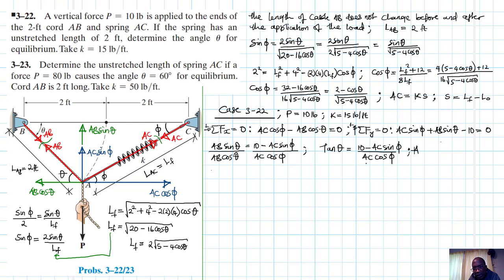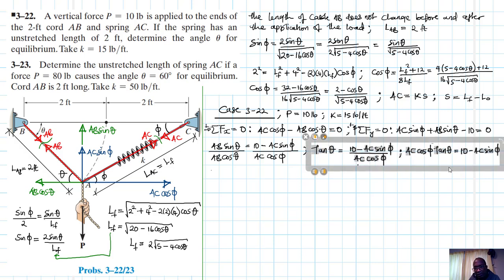This becomes AC cos phi tan theta equal to 10 minus AC sine phi. Seeing this equation now, we're just writing it like that.